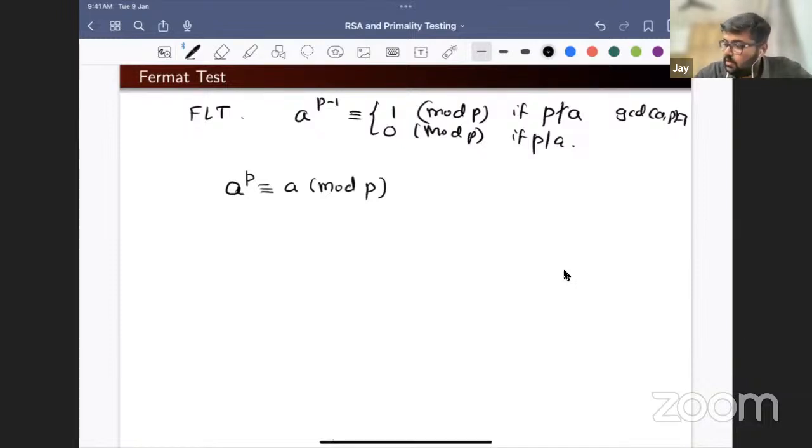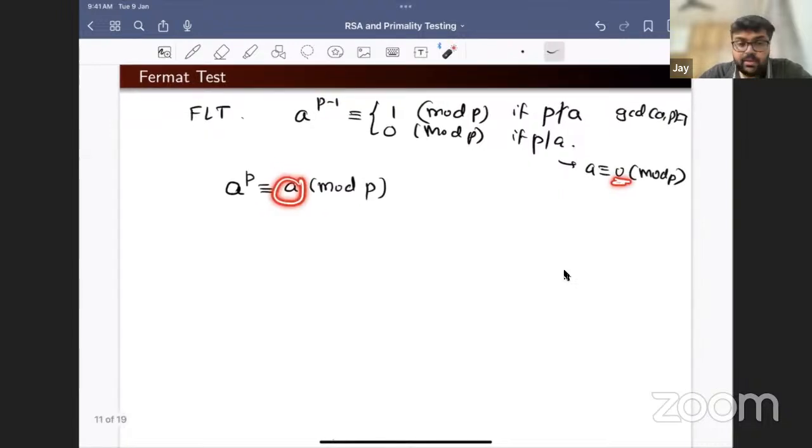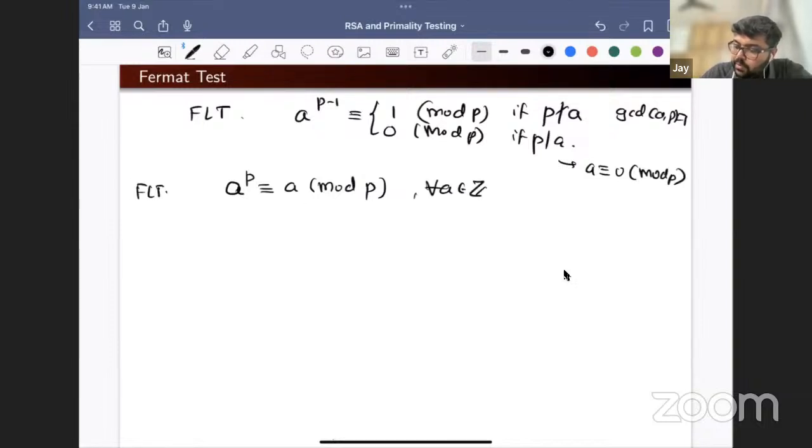The second case, p divides a. If p divides a, then a is congruent to 0 mod p. So the right hand side is 0. What about the left hand side? If a is 0, a power p is also congruent to 0 mod p. So then also this is true. So in both the cases, this is true. So now this is true for all integers, and this we call Fermat's theorem version 2.